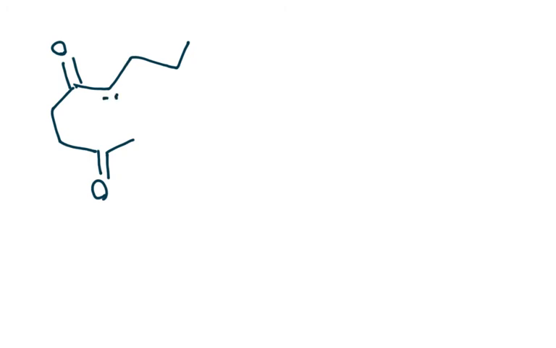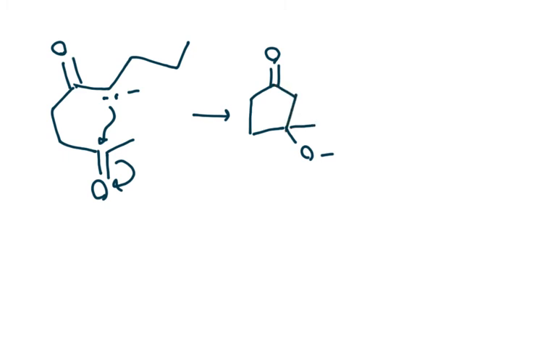Eventually this will turn into a negative charge through the mechanism that we looked at, and it's going to attack in here, and then we'll make a circle. So it will look like that, and then we'll protonate this. And that'll be the product of the aldol condensation with the circle.